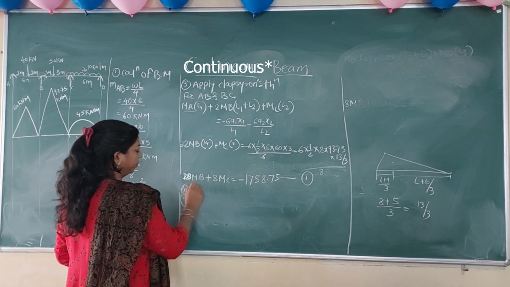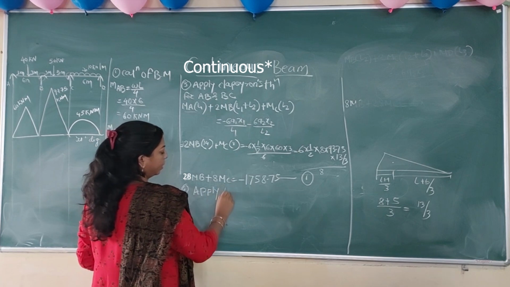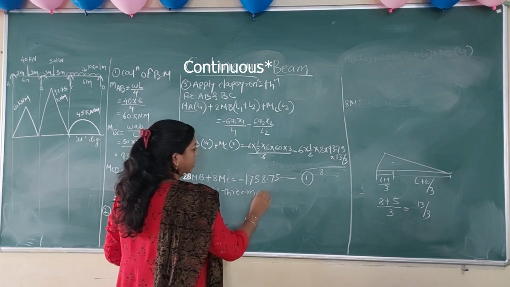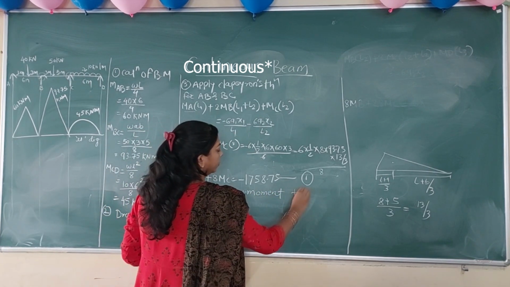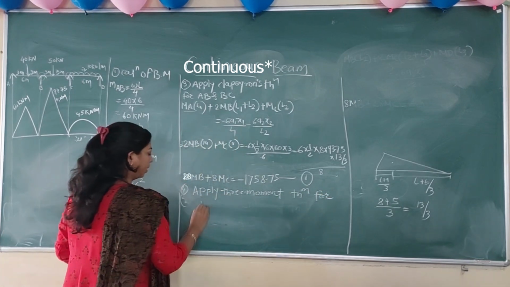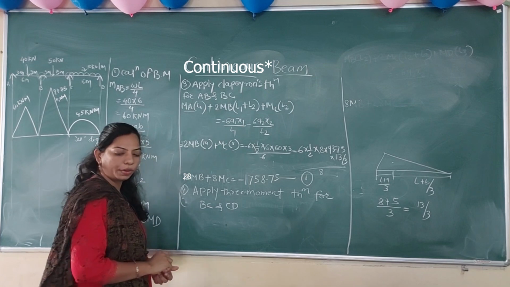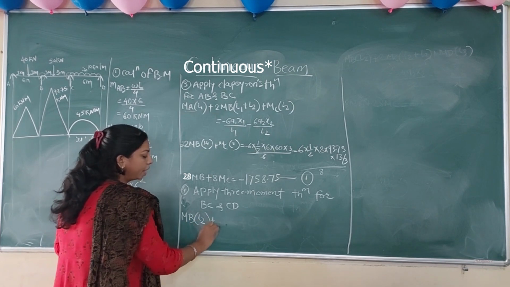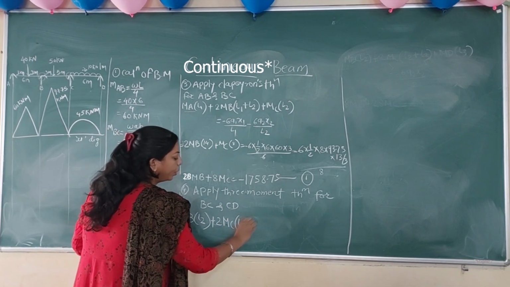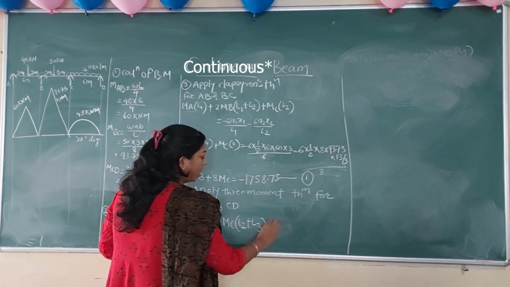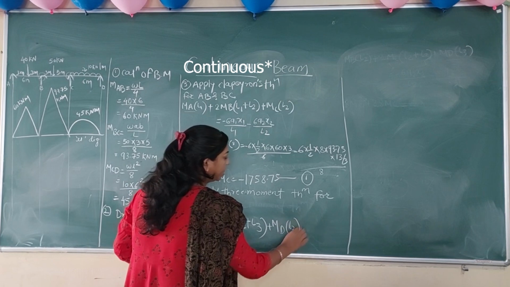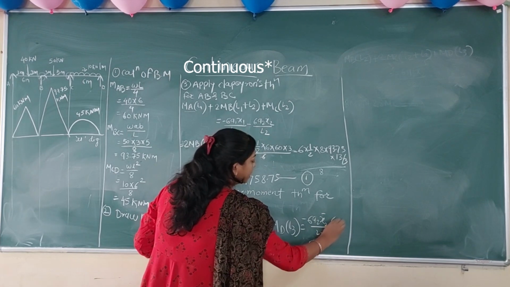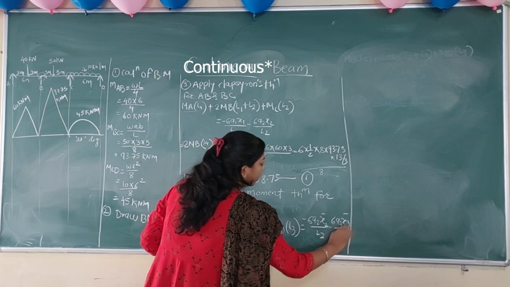Next step is to apply the three moment theorem, also called Clapeyron's theorem, for the BC and CD spans. So MB L2 plus 2MC (L2 plus L3) plus MD L3 is equal to minus 6 A2 x2 bar divided by L2 minus 6 A3 x3 bar divided by L3.